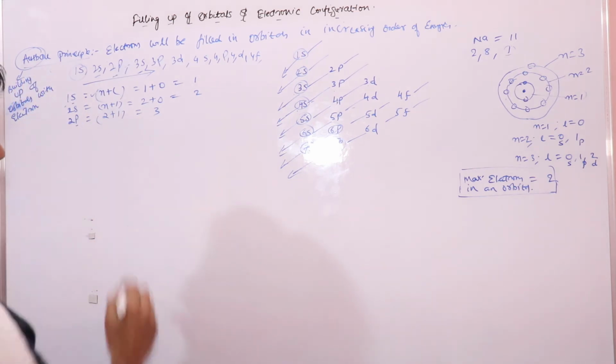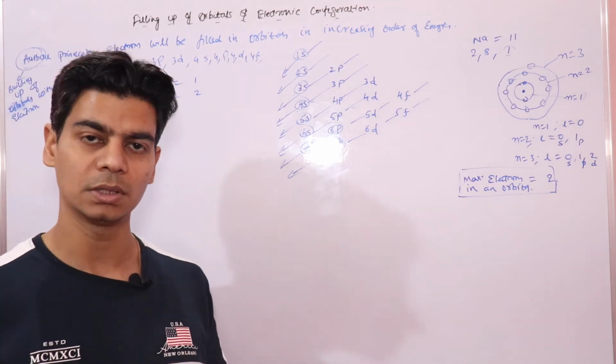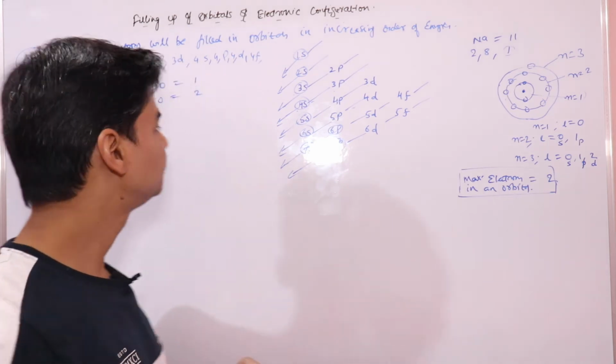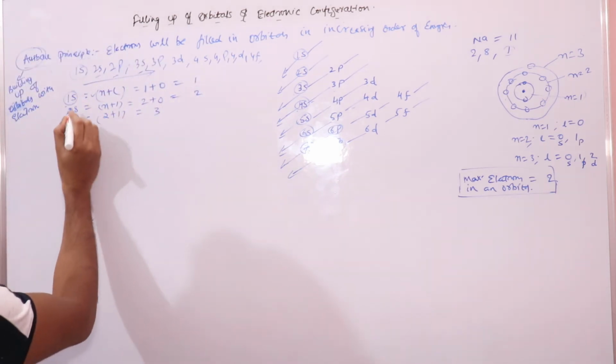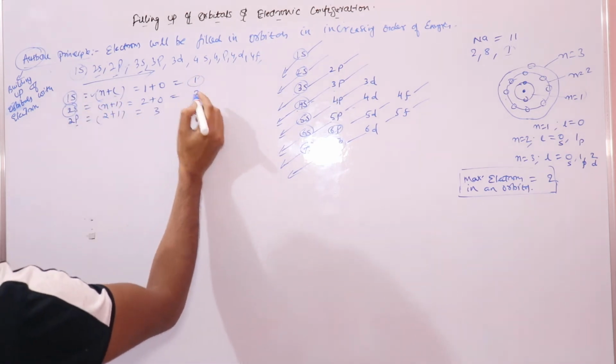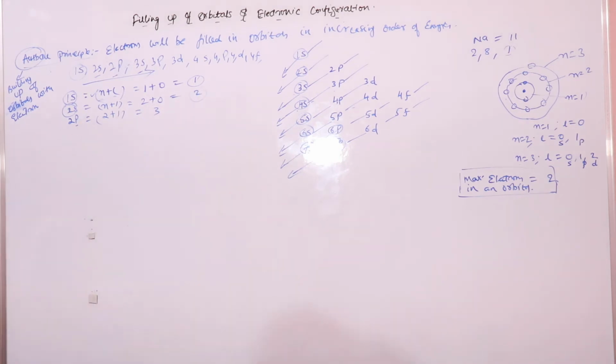The one with a higher value of n plus L will have higher energy, and the one with a lower value of n plus L will have lower energy. So 1s has lower energy than 2s because its n plus L value is less than that of 2s. This is known as the n plus L rule.